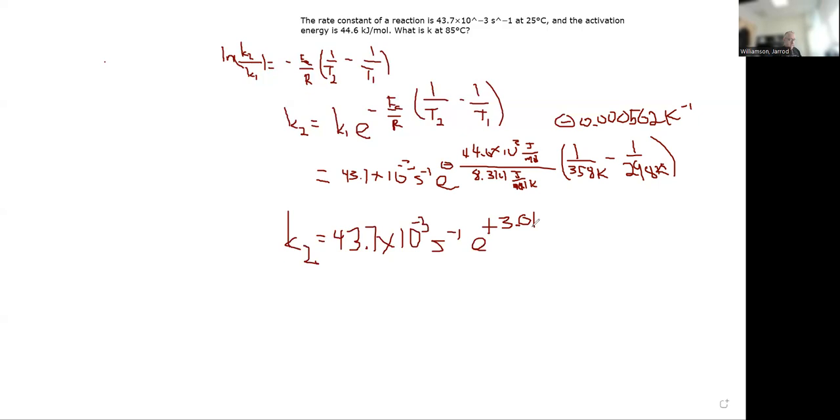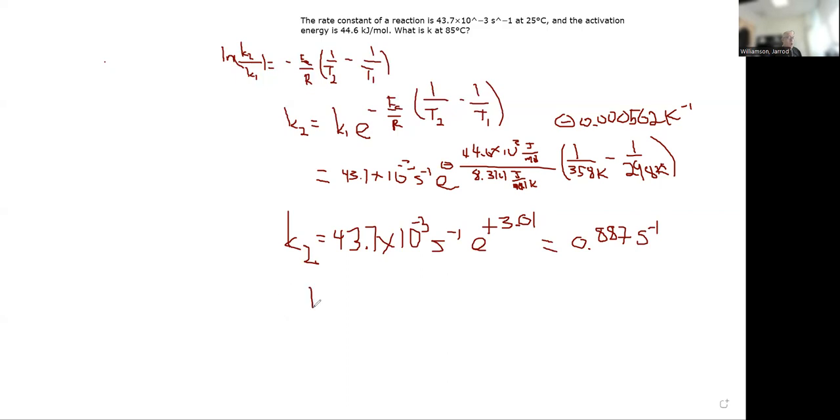Multiply that by 43.7. And if I did it right, I might have made a mistake because I'm using my cell phone calculator. I'm getting 0.887 seconds to the minus 1.